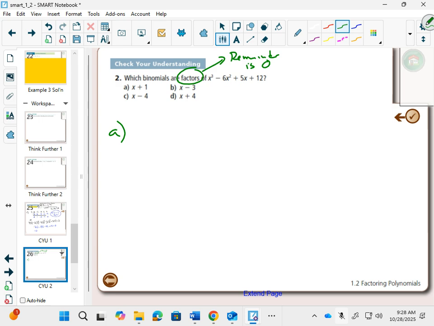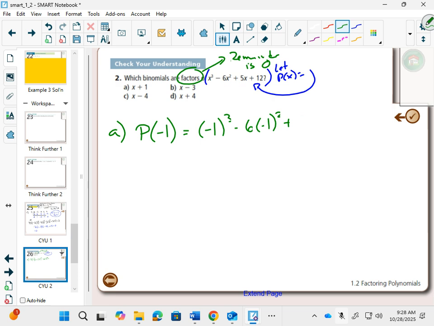But if I put the whole thing in brackets, and I say let p of x equal this, then using the remainder theorem in A, you plug in the opposite sign: p of -1. That would be -1 cubed minus 6 times -1 squared plus 5 times -1 plus 12.